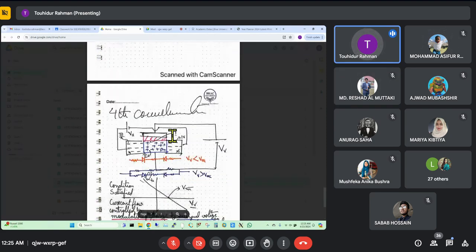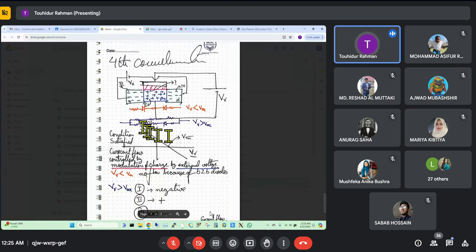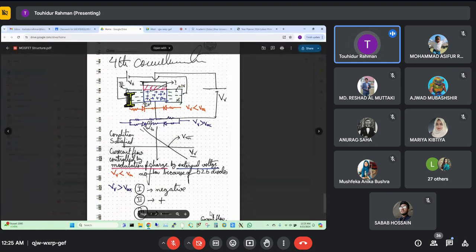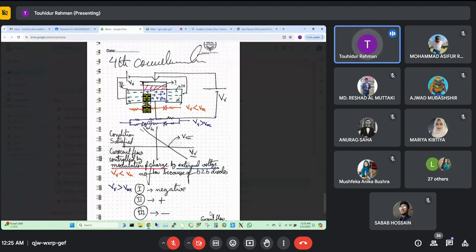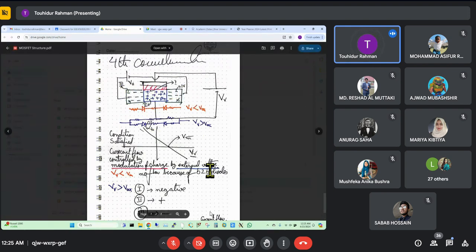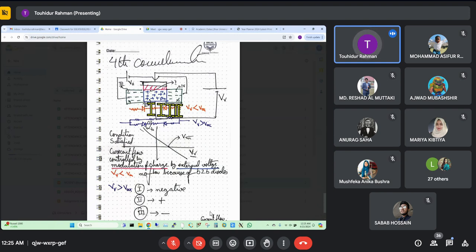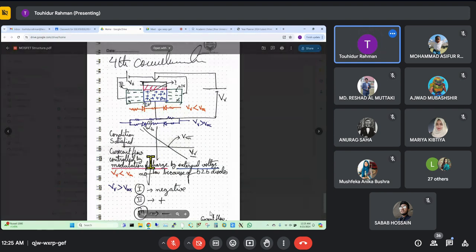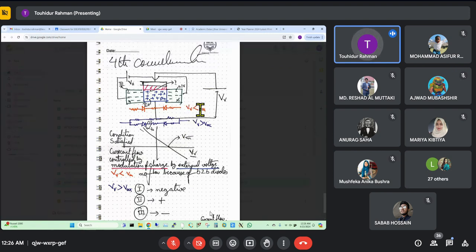So now we have only one combination left, where we have N on both the left and right side. And here we also divide the entire section into four different regions: section 1, section 2, section 3, and section 4. Now, if we draw the equivalent circuit of this structure, when the vertical voltage is less than threshold, that means we have positive charge here.